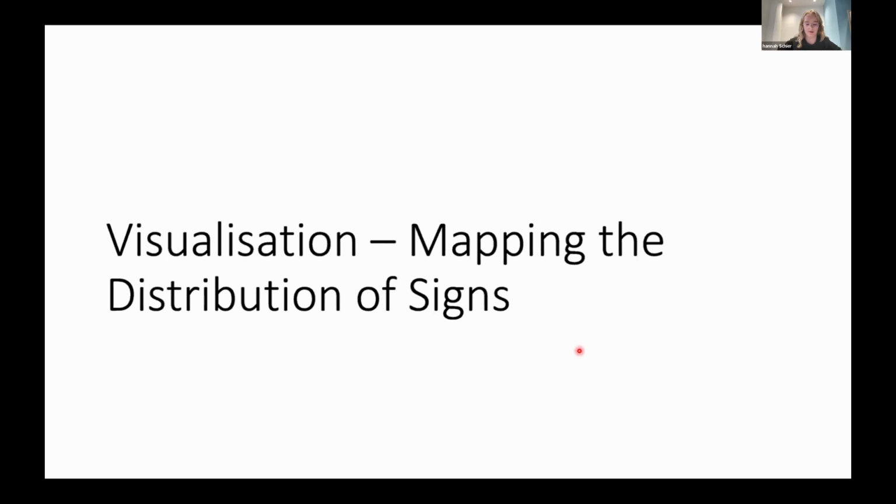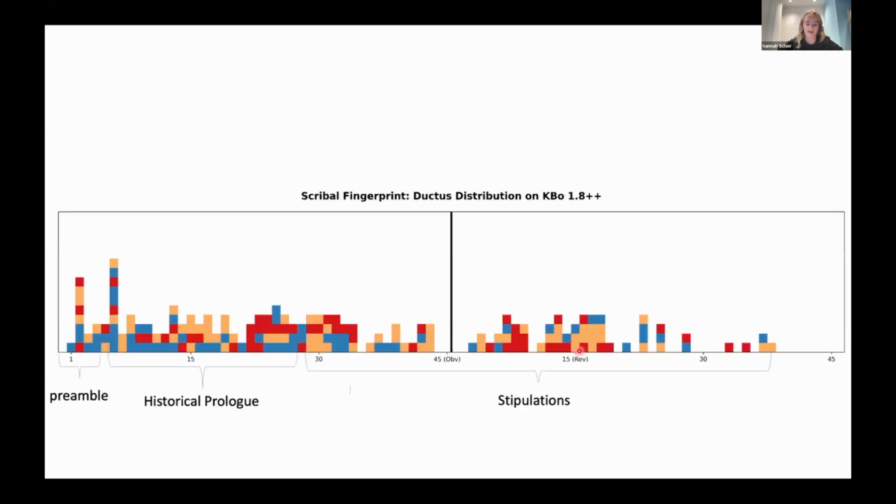So the next part I want to talk about is how these signs distribute on the tablets. As I said, if the scribe was making mindless mistakes, we would expect foreign forms to pop up randomly next to the Hittite signs, but let's look at that. This is the density plot, which shows the distribution of signs and clustering. The x-axis represents the linear progression of the text. The y-axis represents the concentration of sign types per section.